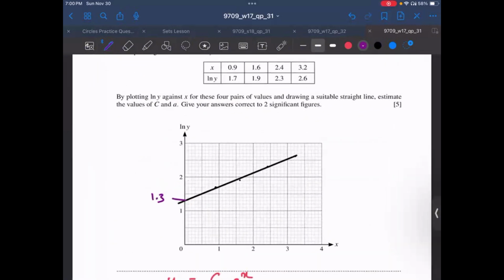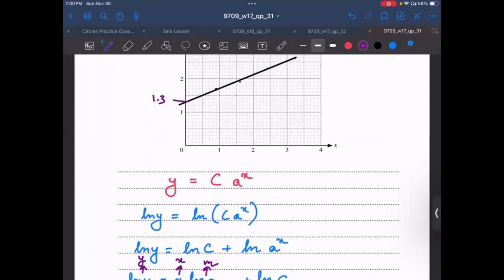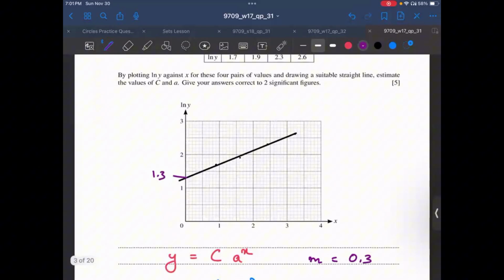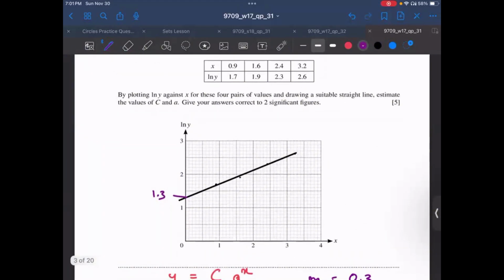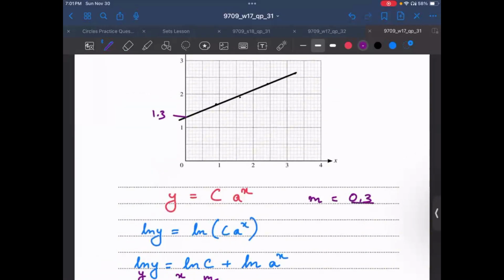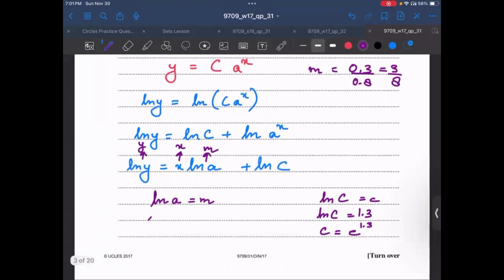So 1.9 − 1.6 is 0.3, divided by 1.7 − 0.9, that is 0.8. So the gradient is 3/8. We can write ln a = 3/8, and a = e^(3/8). Now substituting these values in the calculator, e^(3/8), we get a = 1.5, and e^1.3, the value of c is 3.7.